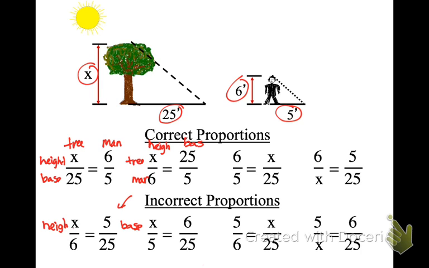Do you see how it's not the same all the way across? This is the height and this is the base, but the 25 is the tree and this is the man. Do you see it's not the same going up and down? So that's a bad proportion. Do you understand the idea? That it really needs to be the same in each column.